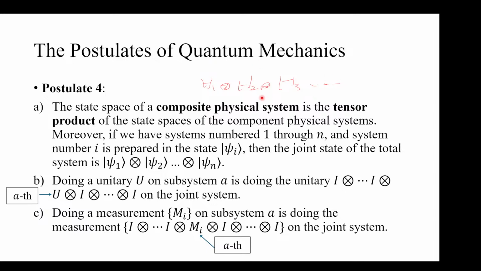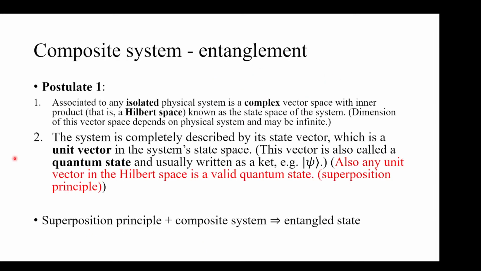It has a huge dimension, and we also remember there is a small thing that we write in parentheses in our postulate 1. Postulate 1 says that the state vector is described by a unit vector in a state space, and then this small parenthesis says that actually the reverse is also true: any unit vector in our state space is also a valid quantum state.